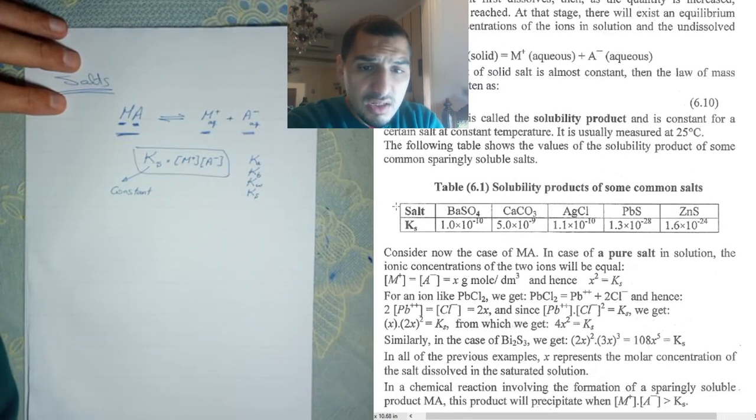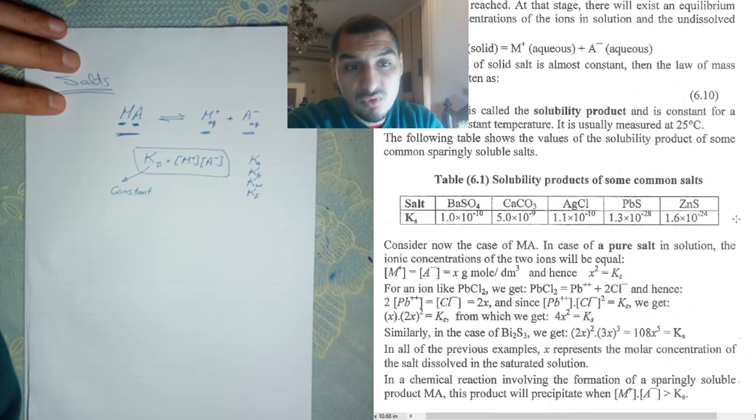And here in this table we have some values for the sparingly soluble salts in water. You see barium sulfate is 10 to the minus 10, calcium carbonate 10 to the minus 9, and we even have 10 to the minus 28. So the values are very, very small for these sparingly soluble salts in water.